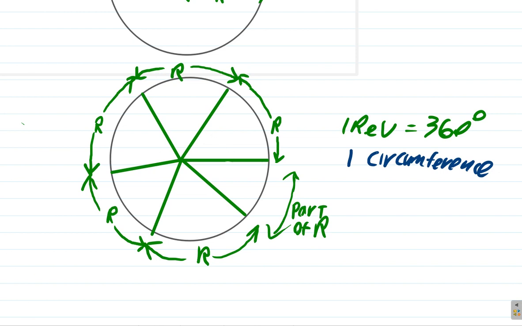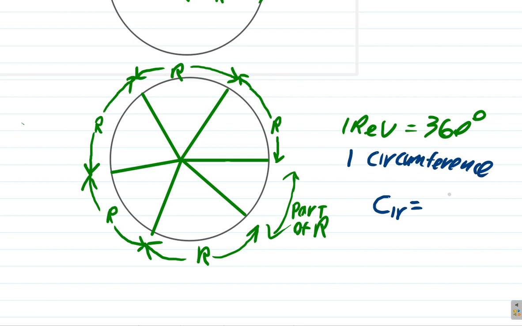Now, the thing is this. When you calculate the circumference, what's the relationship between the circumference and the radius? The circumference equals, let me put CIR for circumference, I can't bother to keep writing out the whole word. The circumference equals what?